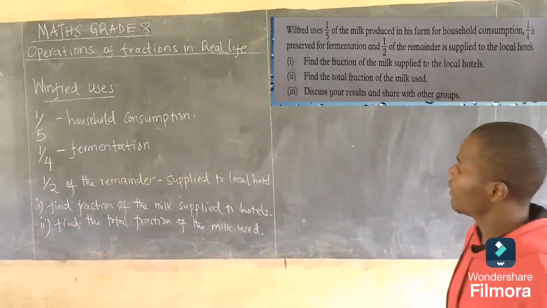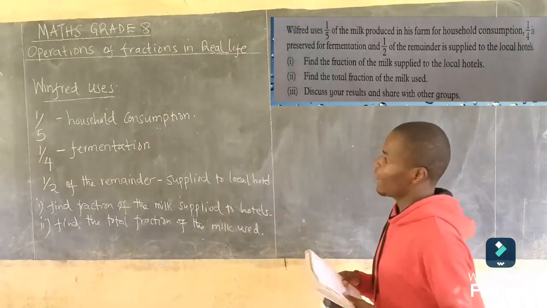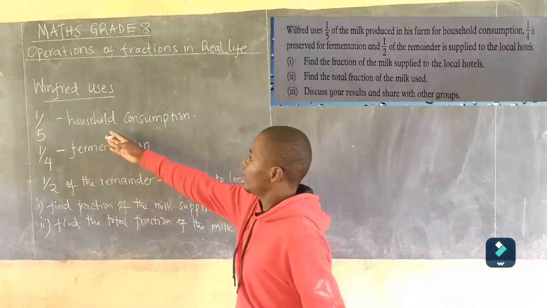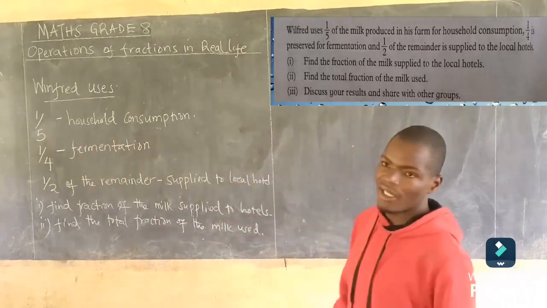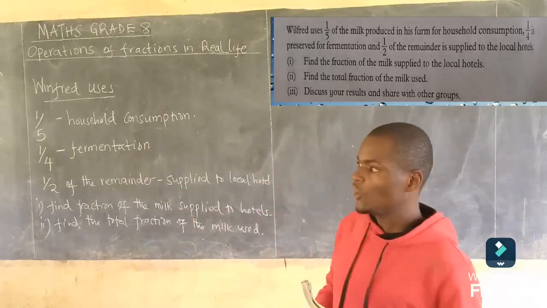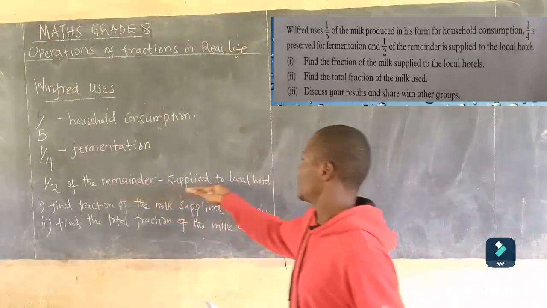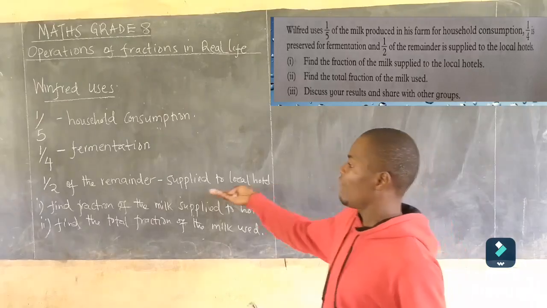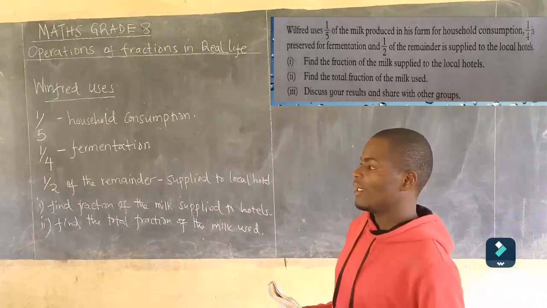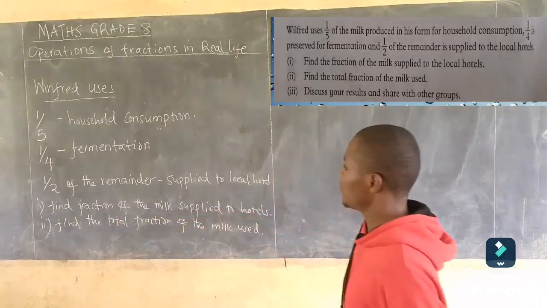So my learners, this is the breakdown of how Winfred is using his milk. 1/5 goes to household consumption, so this one they are using at home. A quarter is for fermentation. Then half of the remainder is supplied to local hotels.